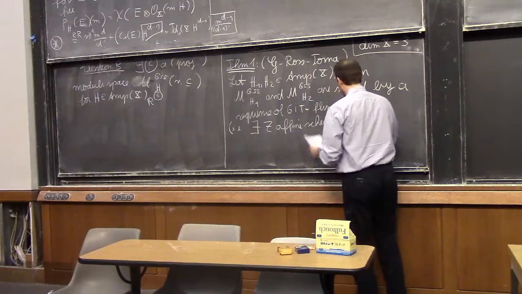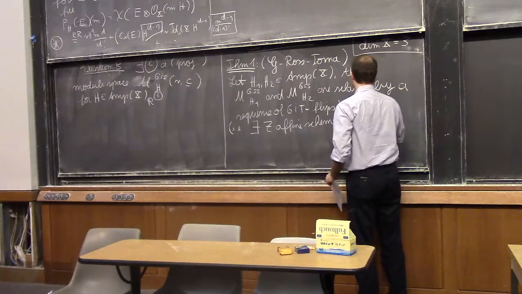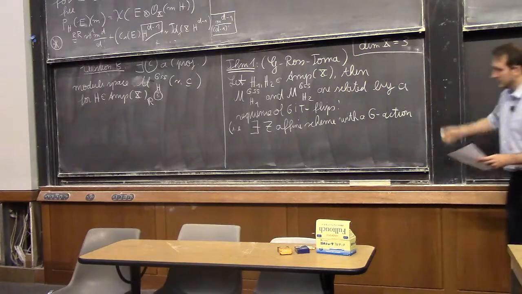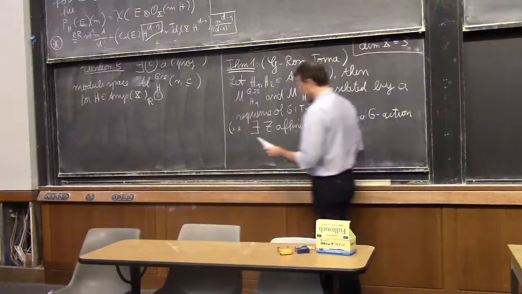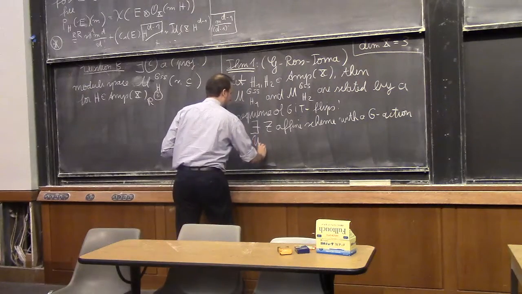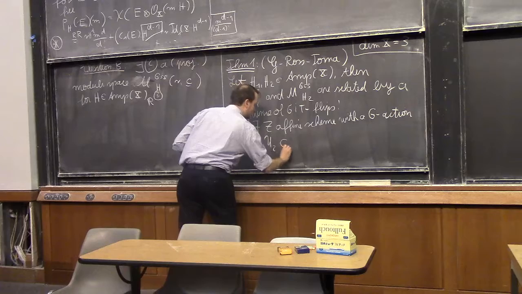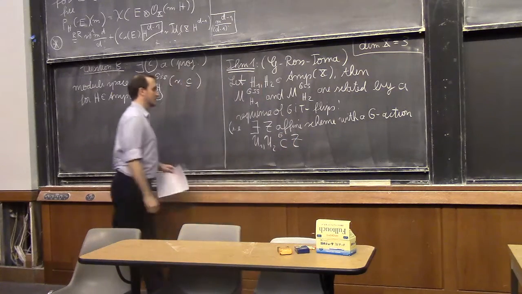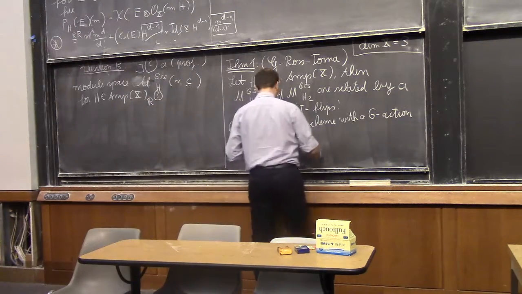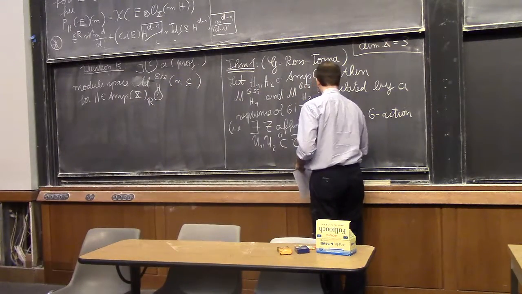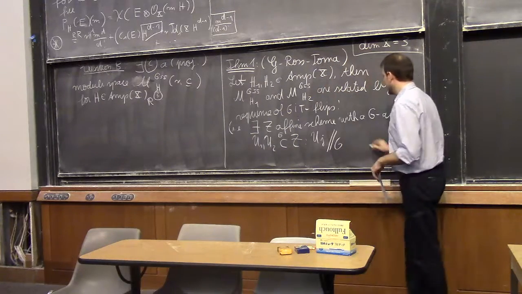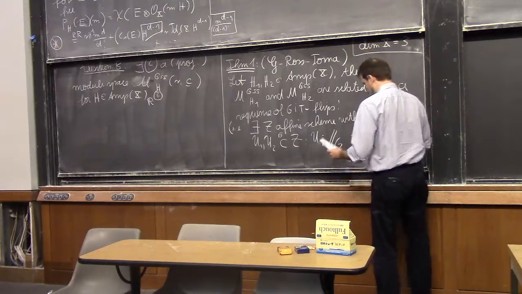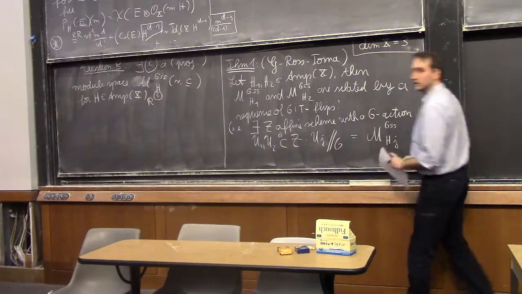So an affine scheme with a G action where G is a reductive group, a product of GLNs, and U1, U2, two G-invariant subschemes of my Z, such that Uj, GIT quotient by G, is exactly the moduli space that you're looking for.